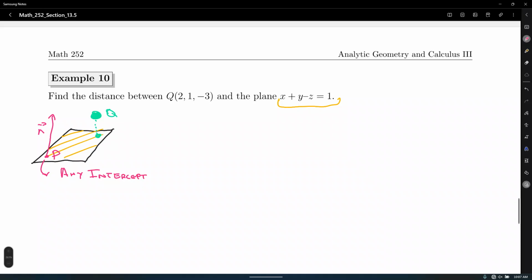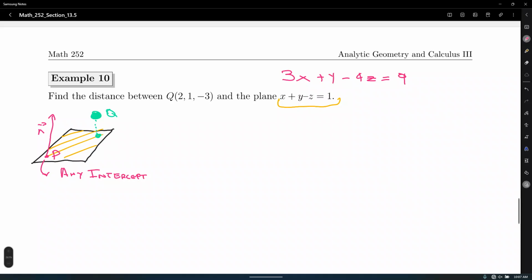Now, if you had this equation, 3x plus y minus 4z equals 12, which intercept would you choose for this calculation? The y-intercept. Let me change this to a 9. The y-intercept would still work well.